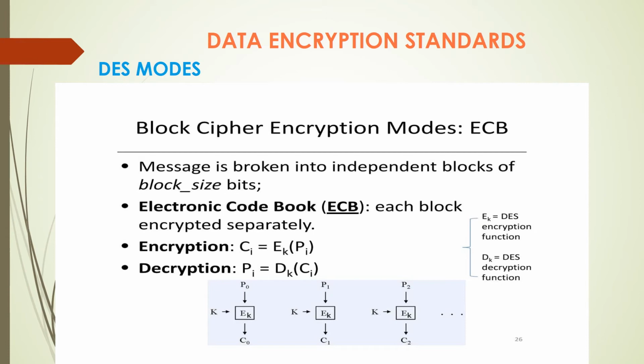That means GOOD belongs to block 1, MORN belongs to block 2, ING, here we have only 3 alphabets. So for making 4 we have to add one extra bit. Here we are adding X as the extra bit, that we can call the padding bit.